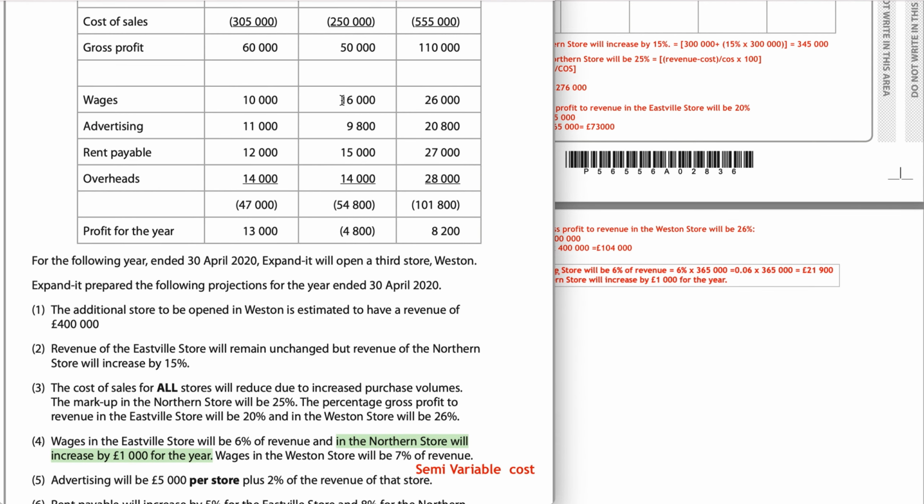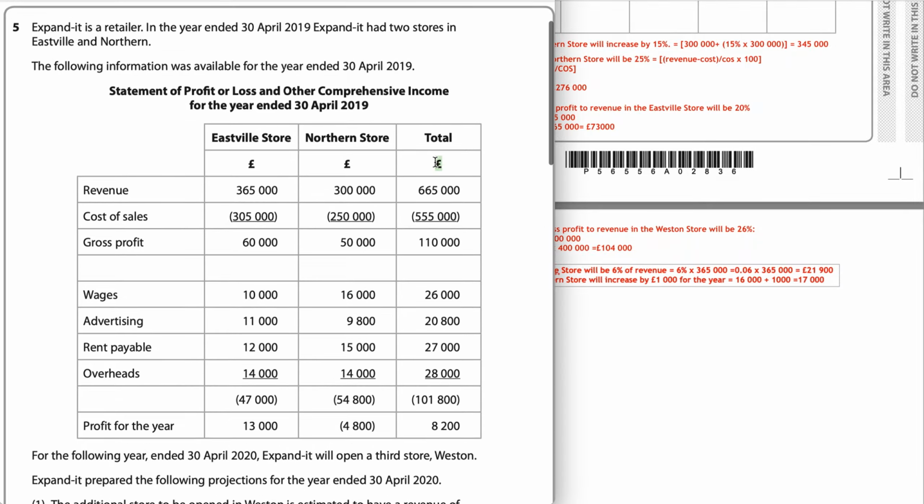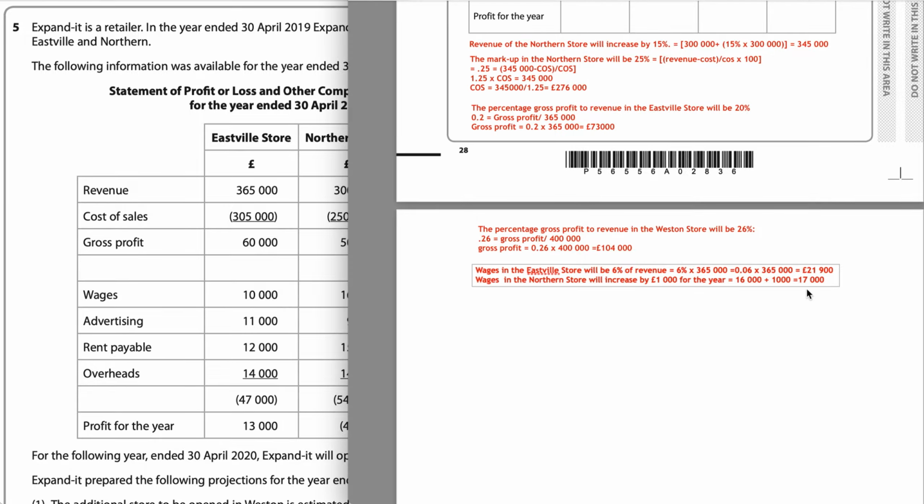It is already at 16,000, so plus 1,000 pounds. That is 16,000 plus 1,000, equal to 17,000 pounds for the year. It's just an increase of 1,000.